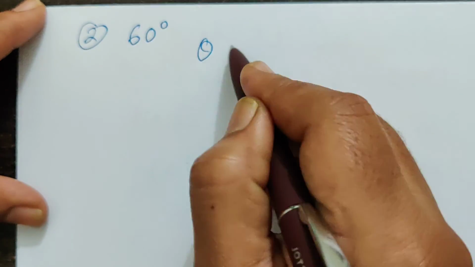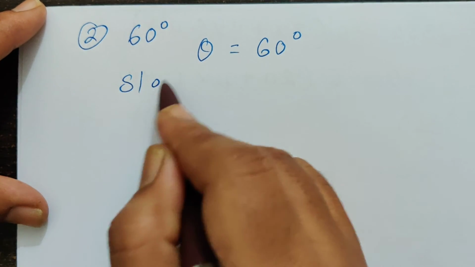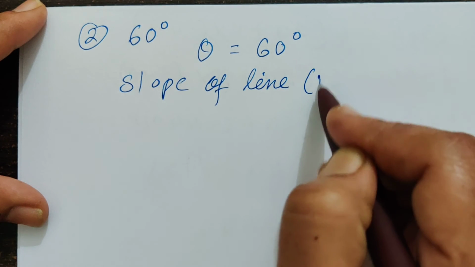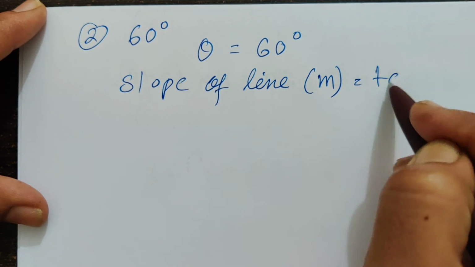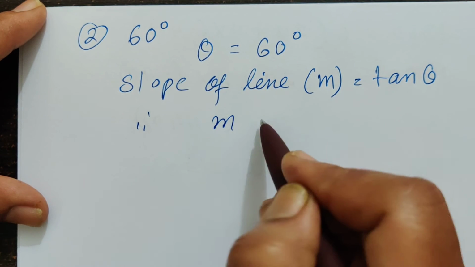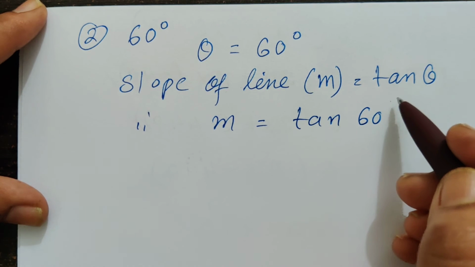That means theta is equal to 60 degree. Means you can say slope of line M is equal to tan theta, and so M is equal to tan 60.